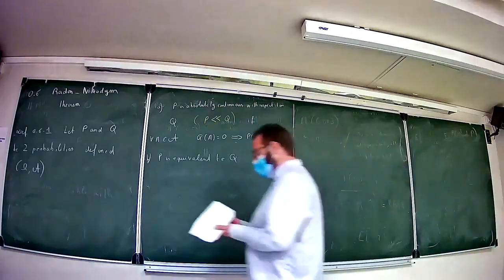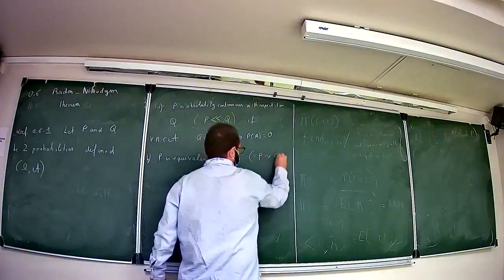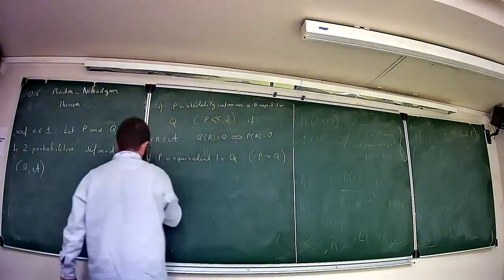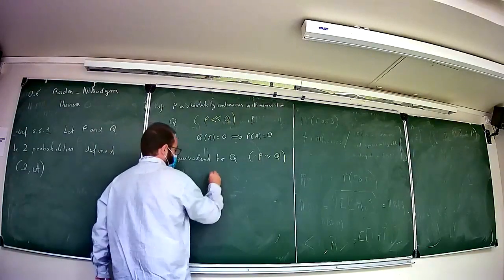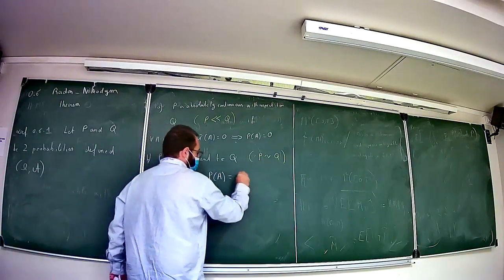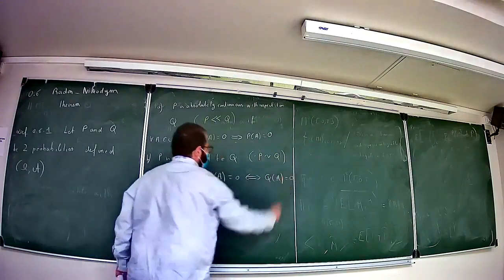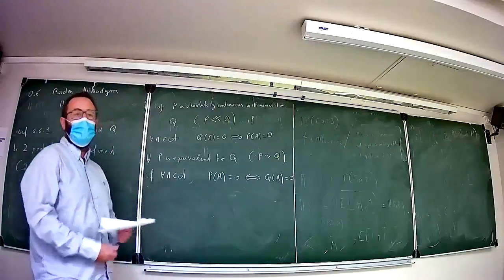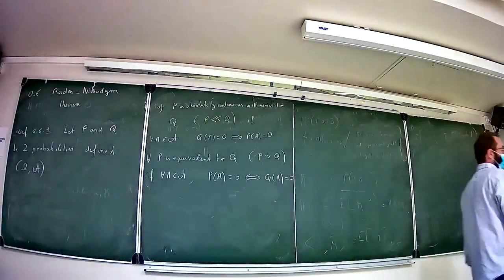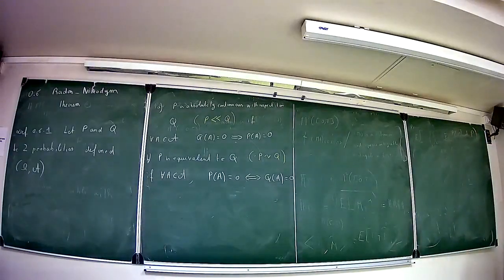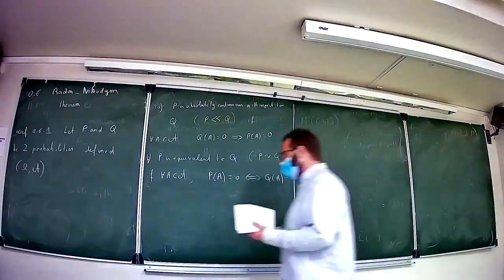P is equivalent to Q, and we write P ~ Q, if for all A belonging to calligraphic A, P of A equal to 0 is equivalent to Q of A equal to 0. So it means that in this situation, Q and P are equivalent if P is absolutely continuous with respect to Q and if Q is absolutely continuous with respect to P. Okay?